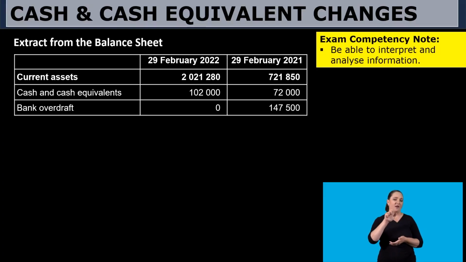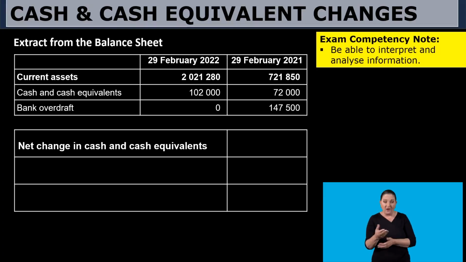Then you get the net change in cash and cash equivalents. However, the examiner can simply give you an extract of the current assets, and then they would want you to calculate the net change in cash and cash equivalents. We're going to do that, and make sure you have a calculator close to you.